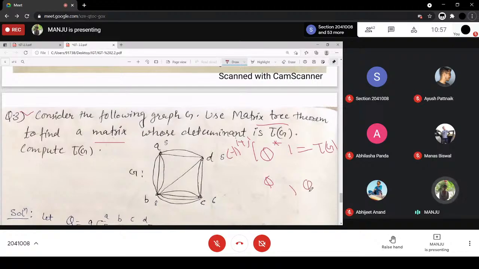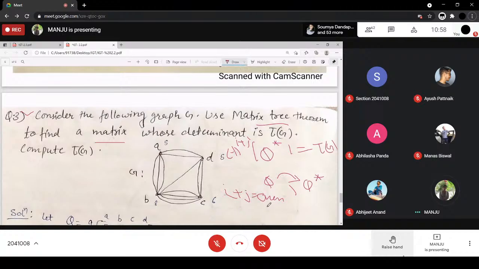And then Q star. You delete from Q to Q star in such a way that i plus j will be even. You can delete first row first column, first row third column, or second row second column like this.